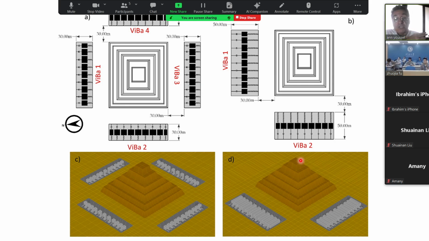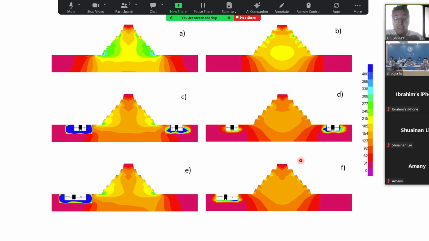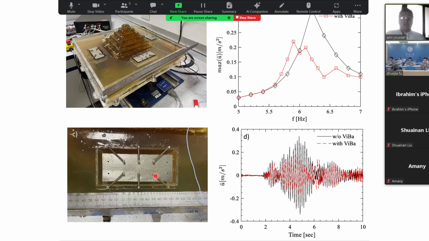This was the maximum reduction we were able to achieve. This is when we installed the vibrating barriers from two sides, and this is when we installed the vibrating barrier from one side. If you look at the von Mises stresses for this shape, we reduced them a lot, really. It was about a 27% reduction.